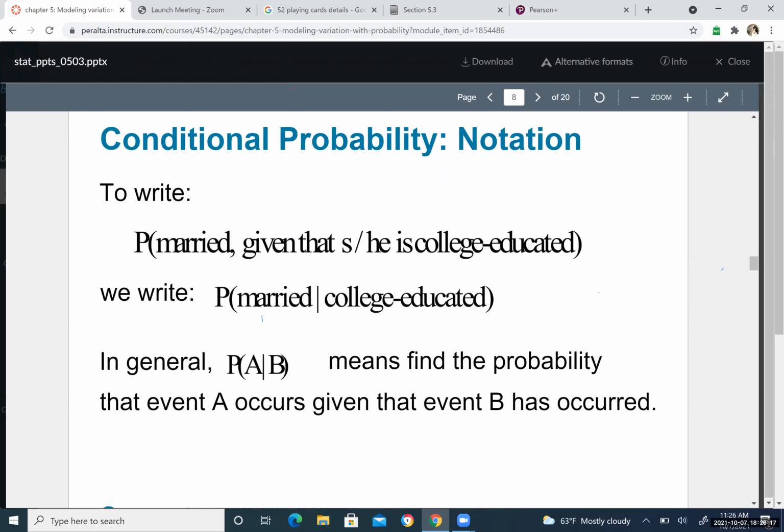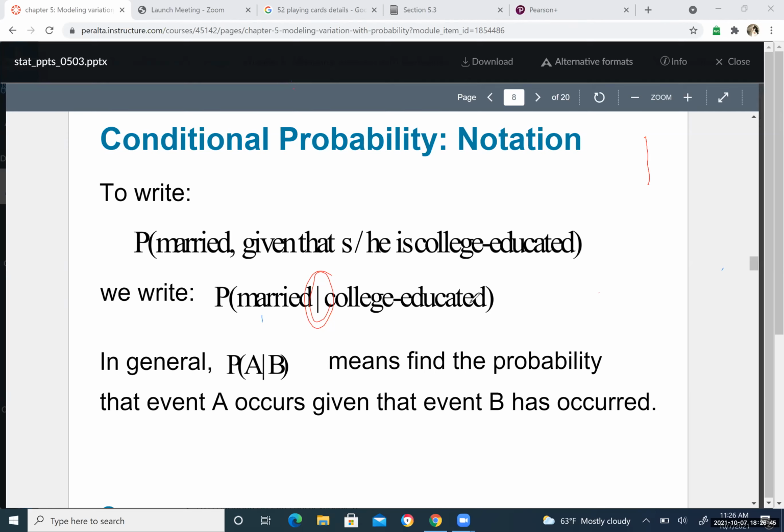So now they're giving us notation about conditional probability. The condition is here. The notation is just a bar, a straight line, separating two terms. And you will know right away that it is the probability of married given that college educated.